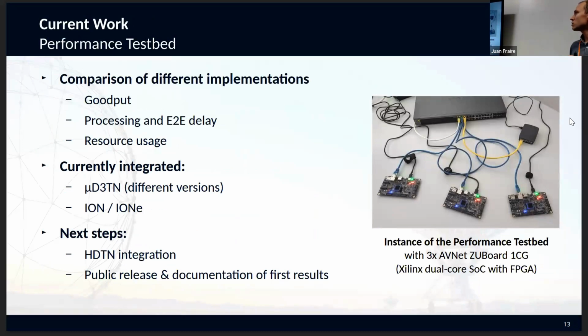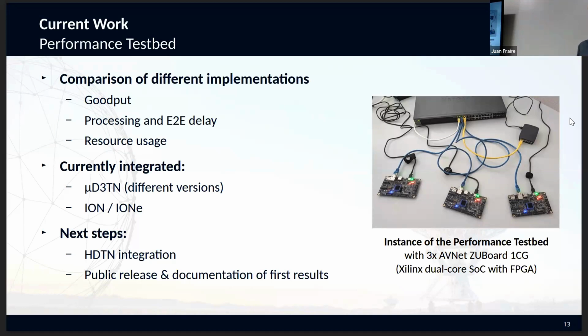So, to give an outlook on some current work we are performing: we have just finished a master thesis with one of our working students, who built a performance test bed using some realistic hardware, which can compare different bundle protocol implementations regarding things like goodput, processing delay, resource usage, and so on.